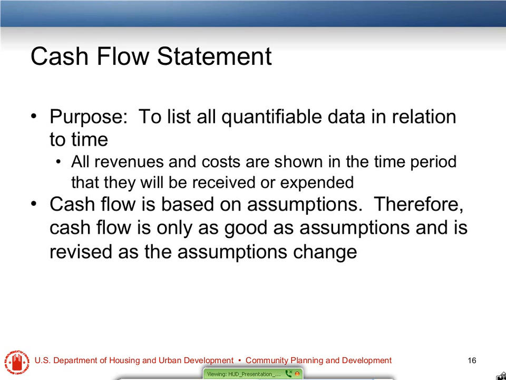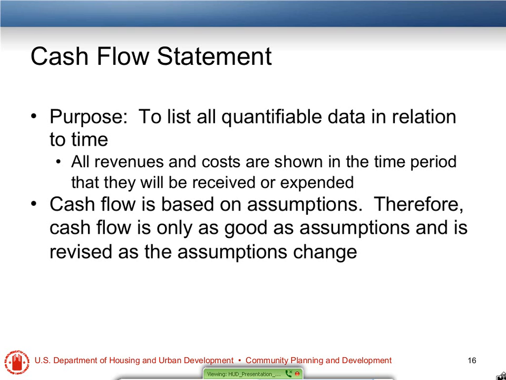The limitation of the cash flow statement is really the assumptions. The better your assumptions, the better your information you will get from your cash flow statement. If your assumptions aren't accurate, the cash flow statement won't be accurate either. The nice thing about the cash flow statement once we get to the computer spreadsheet is that it makes it very easy to change these assumptions over time.